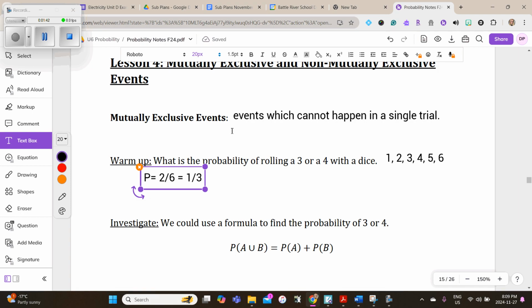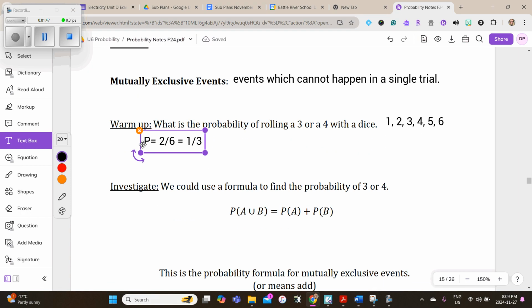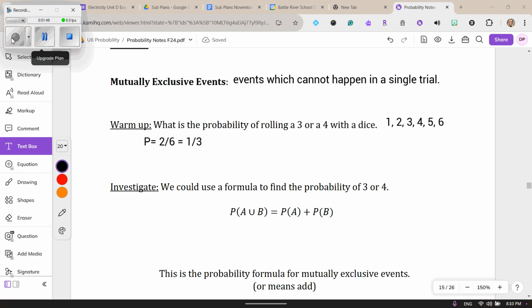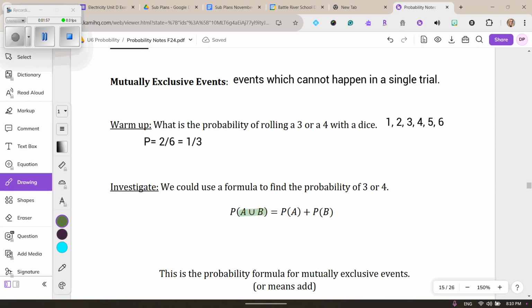So that's not new, however, we are going to attach that to a formula. If we think back to our set theory unit, we knew that the union of an event meant or.